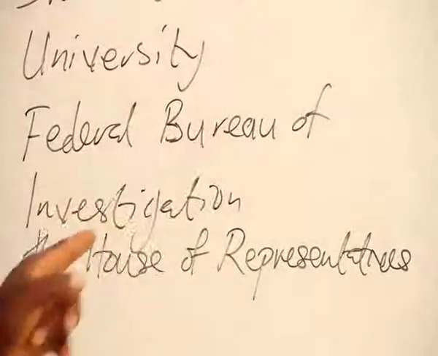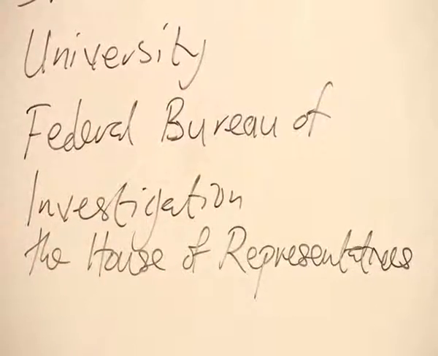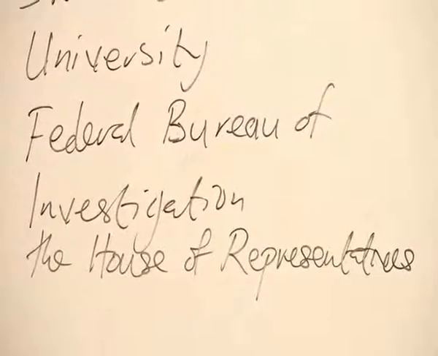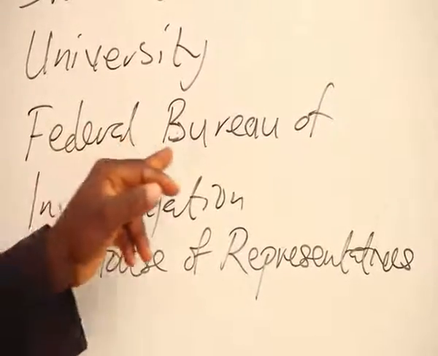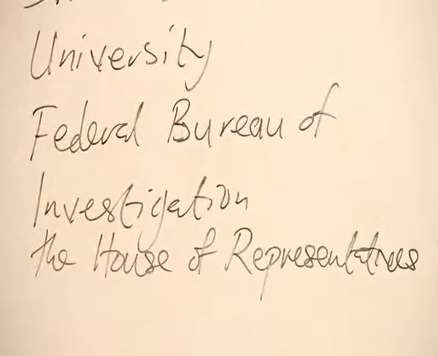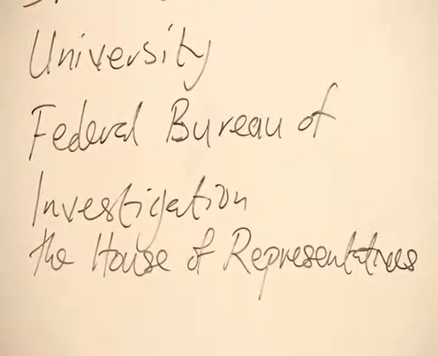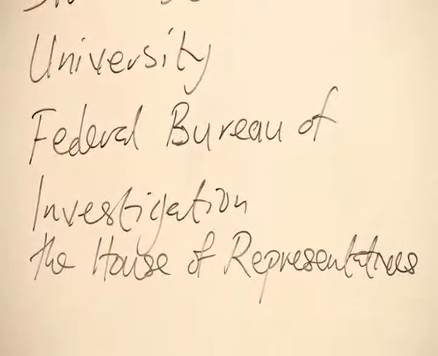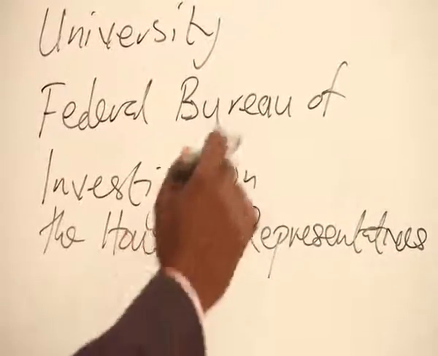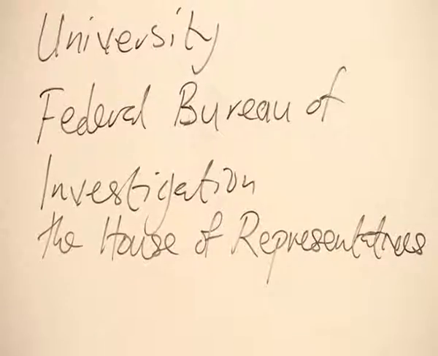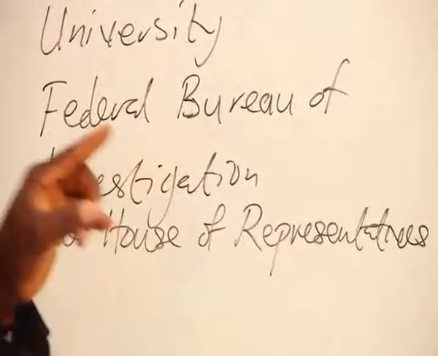Federal Bureau of Investigation. You discover that Federal begins with a capital letter. Bureau begins with a capital letter. Investigation begins with a capital letter. So, if we look at "of", for example, it's not beginning with a capital letter.